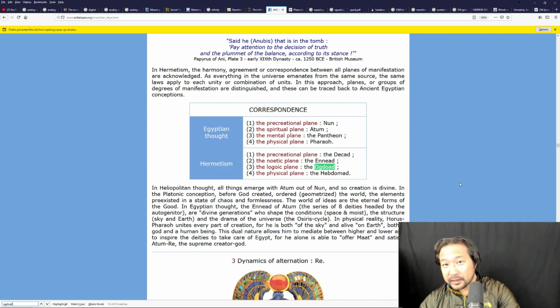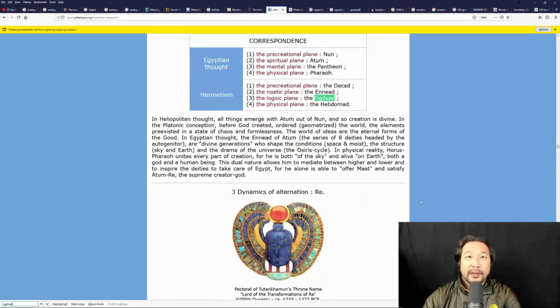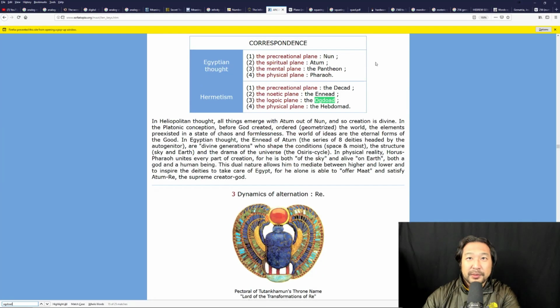The logoic plane. So, the correspondence for Egyptian thought: the pre-creational plane is the Nun, and in Hermeticism is the decad. The spiritual plane, Atum, corresponds to the noetic plane, the Ennead. The mental plane, the Pantheon, is similar to the logoic plane, the Ogdoad.